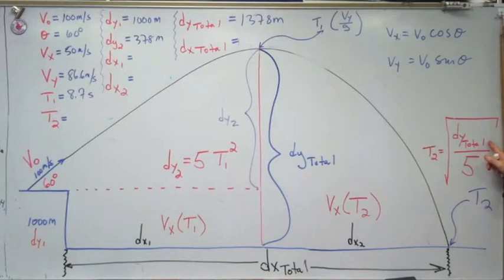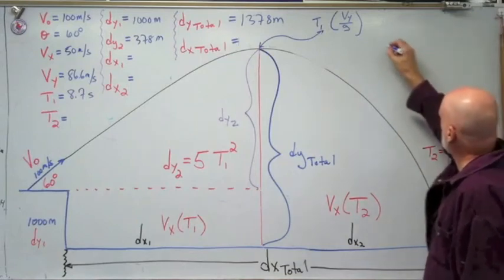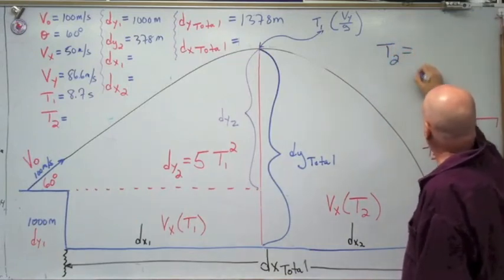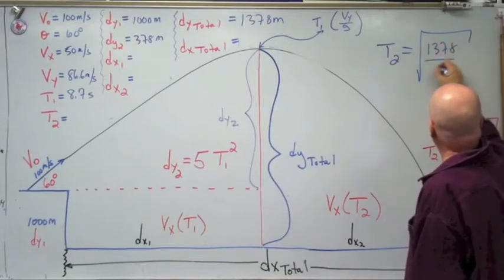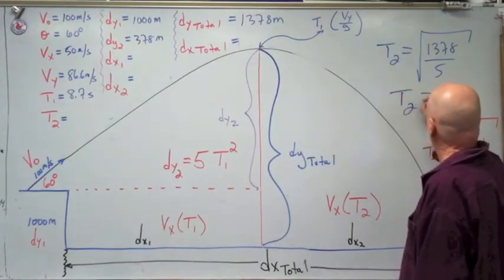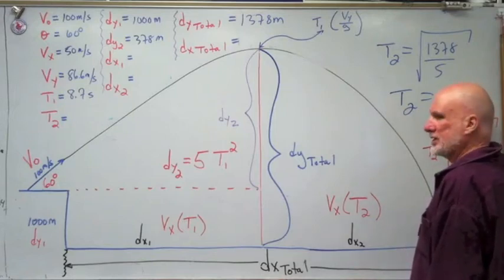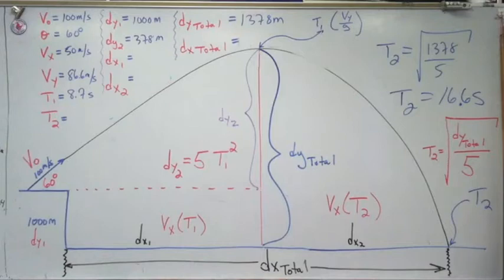The dy total divided by 5. Before you answer, let me just show you. So T2 equals 1,378 divided by 5. What do we get? T2 is what? 16.6 seconds.